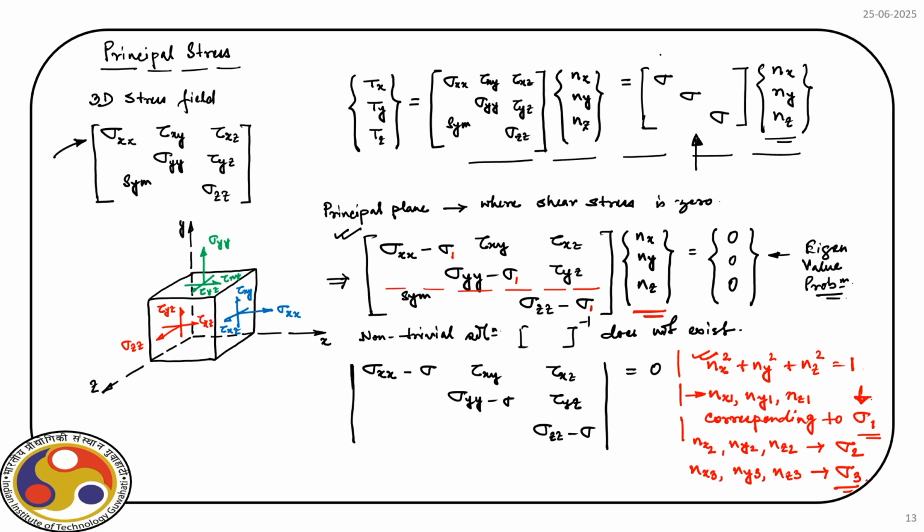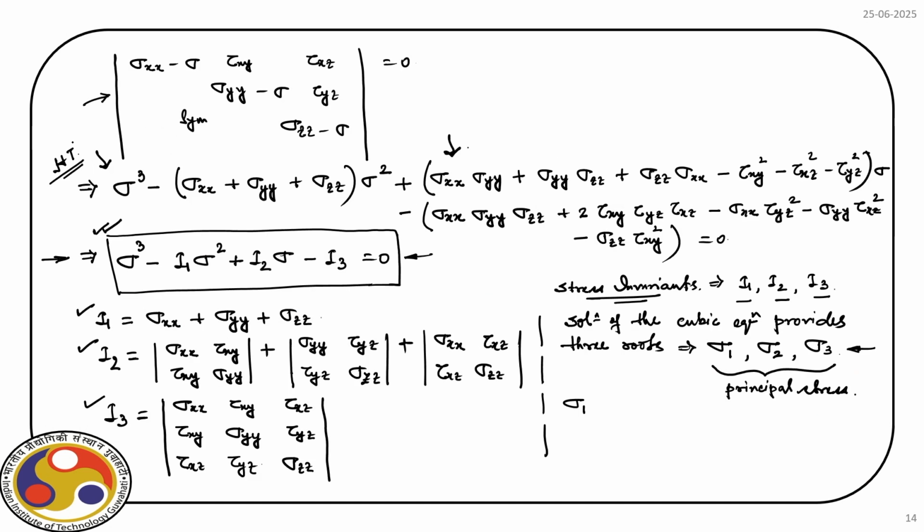So, if I just sum up, what we have learned today is that if we start with a 3D stress field, sigma ij, once this stress field is given, we can find out the three stress invariants I1, I2, I3, and then if we do the eigen analysis, we get three principal stresses, and for each principal stress we can find out the principal directions n1, n2, n3.